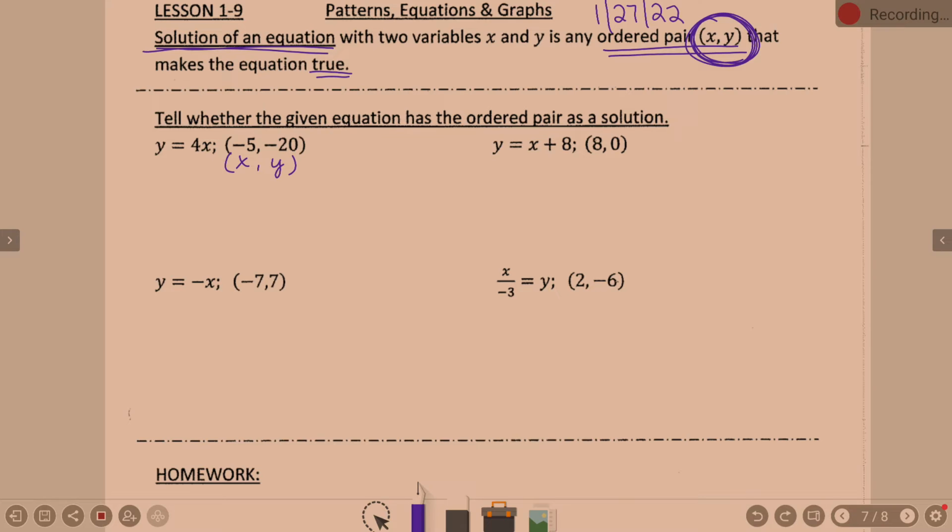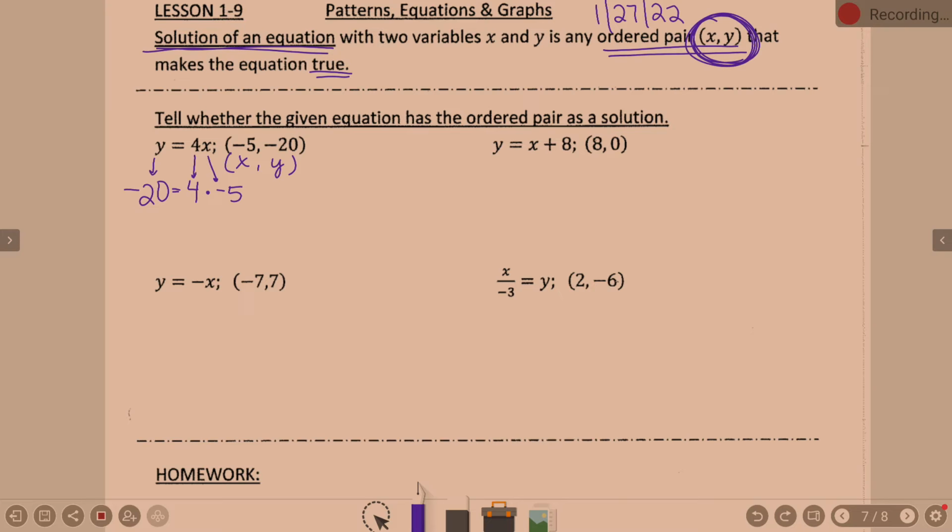So what do I put in for y? Negative 20. So negative 20 equals 4x. So 4 times, what's x? 4 times negative 5.